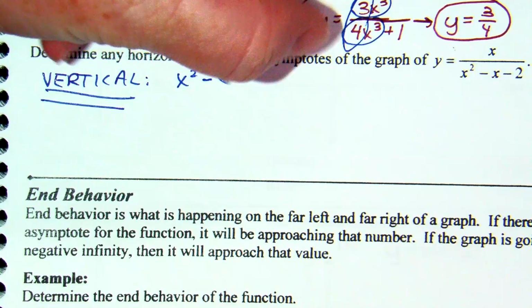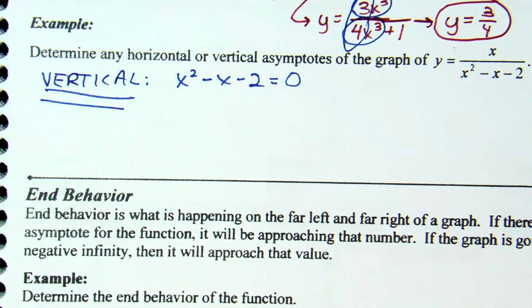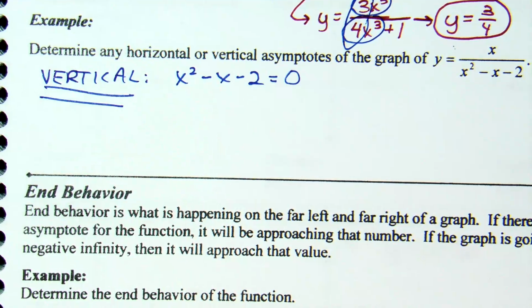Okay. X squared minus x minus 2 equals 0. How do I solve that? Would you add the 2 over? No. Factor. Factor. And honestly, you could factor before you said equal to 0 if you wanted.